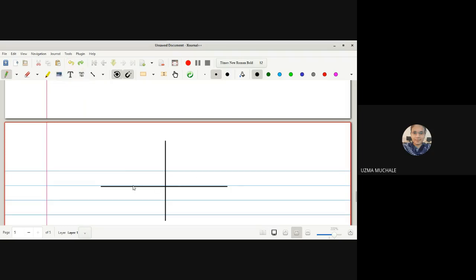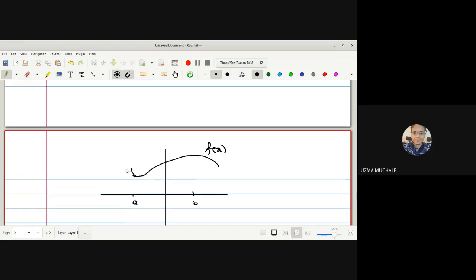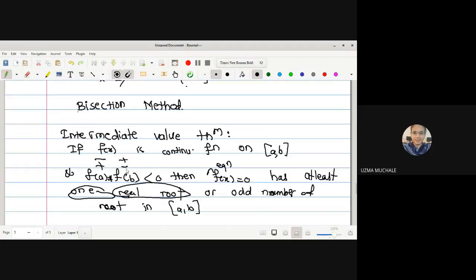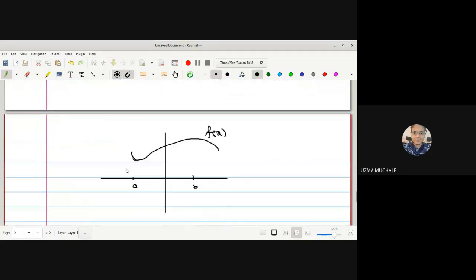Okay, suppose here is a point A, here is B. We'll go for different cases also. Assume that the curve is like this, and this is your function f of x. And what is the consideration for this function? F of x is a continuous function, and f of a into f of b is less than 0. That is, we are provided that f of a is negative.